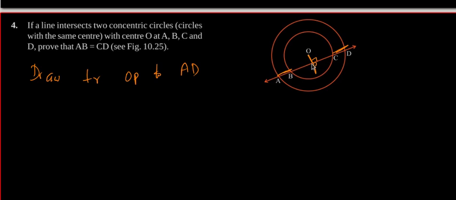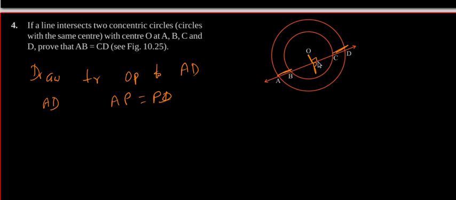From the center, it will bisect the chord. You know very well by theorem: the perpendicular from the center of the circle bisects the chord. So if we consider AD as the chord and OP is the perpendicular bisector, AD can be divided into AP equal to PD, because this perpendicular drawn from the center of the circle will bisect the chord.